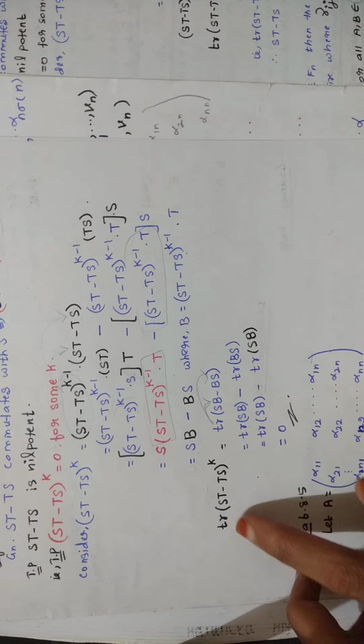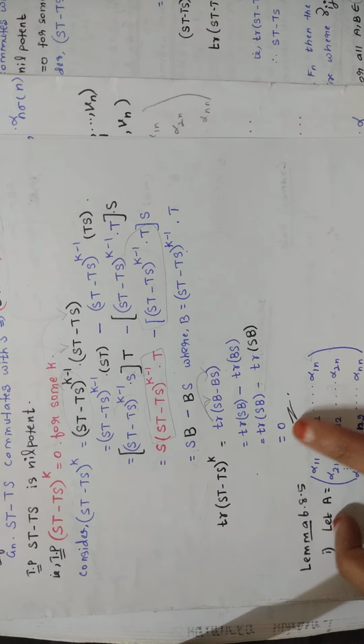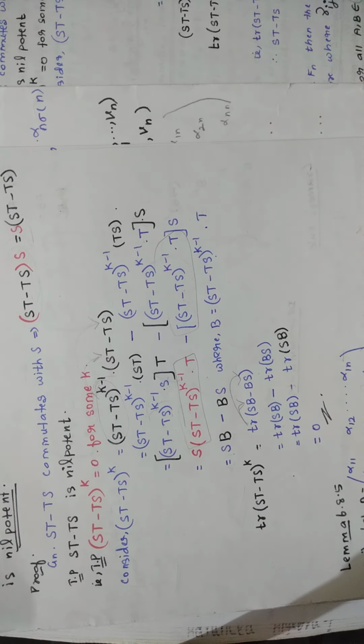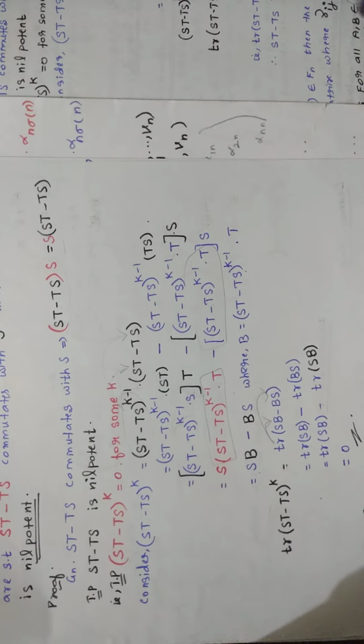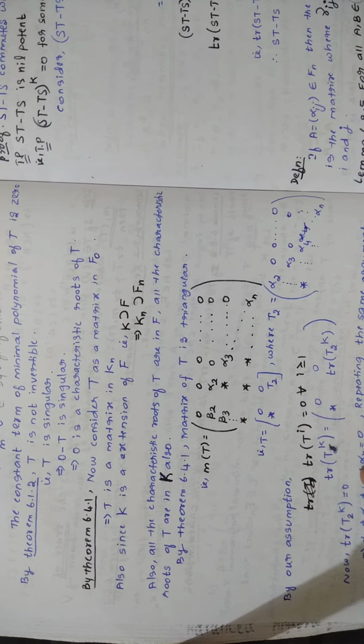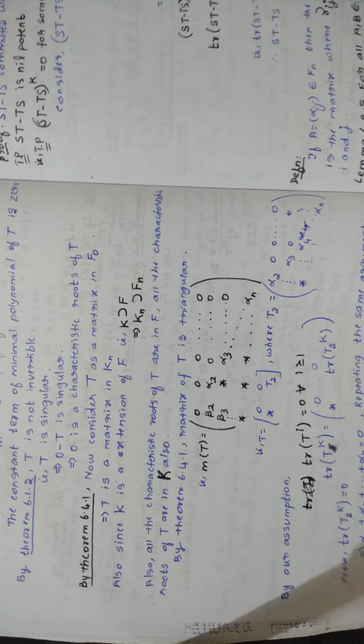You may ask me, here the trace of this value you got equal to 0, then how can you say this is proved? That is a very, very great question. By a lemma you are saying that. You have a lemma. Let us turn to page 6.8.3, the lemma.